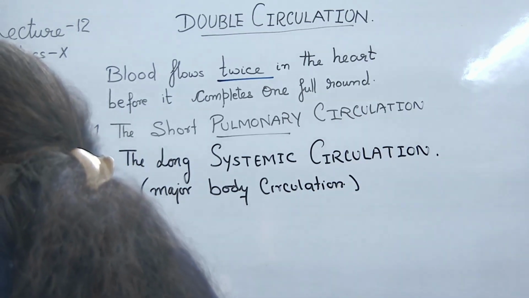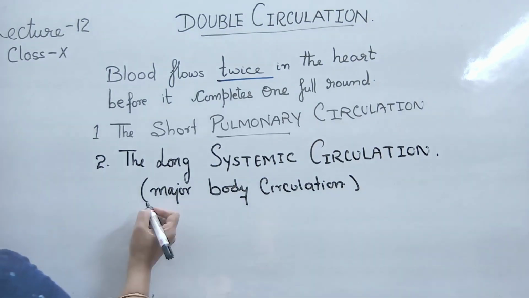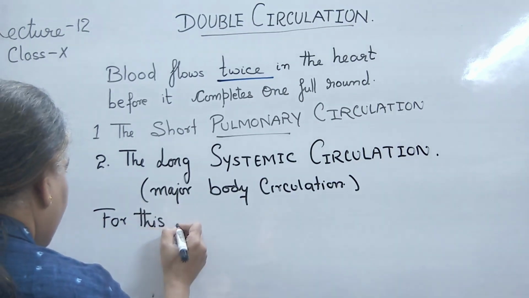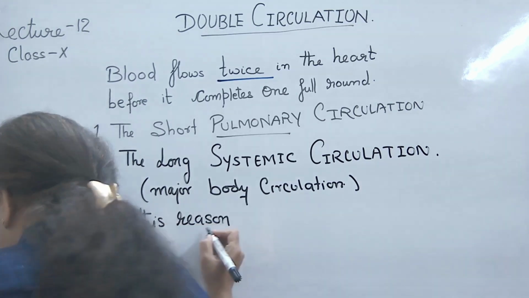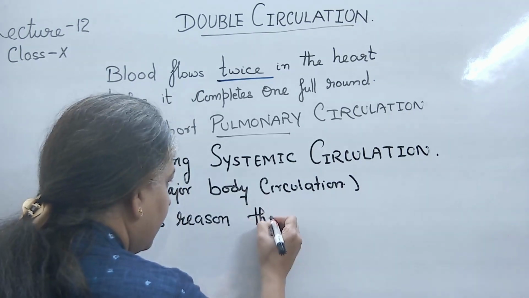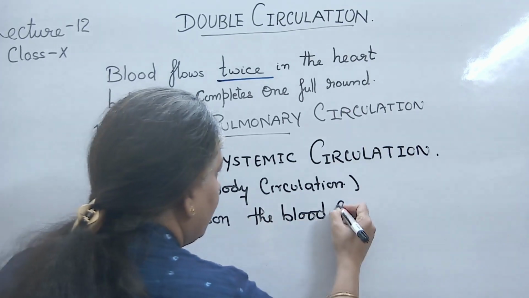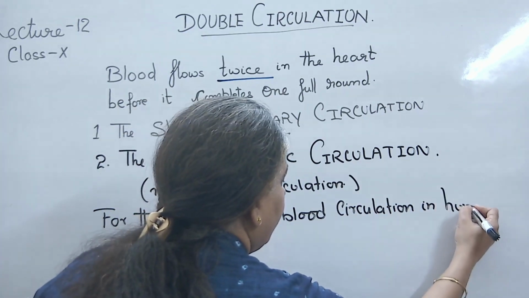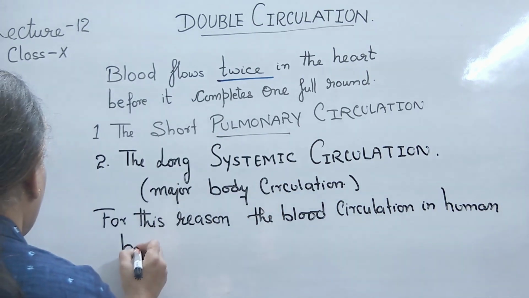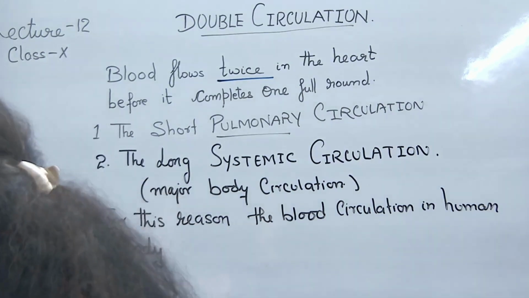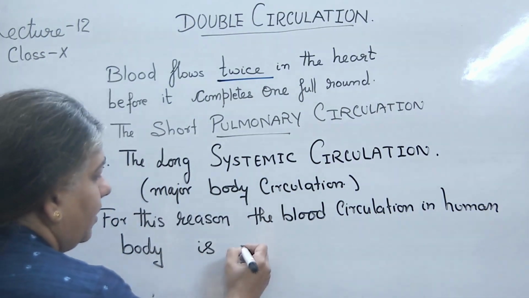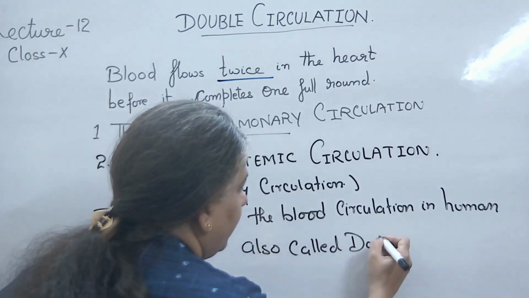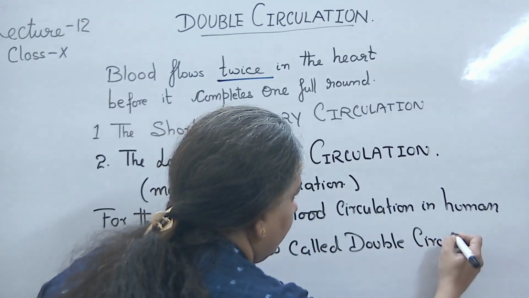For this reason, the blood circulation in human body is called, or is also called, double circulation.